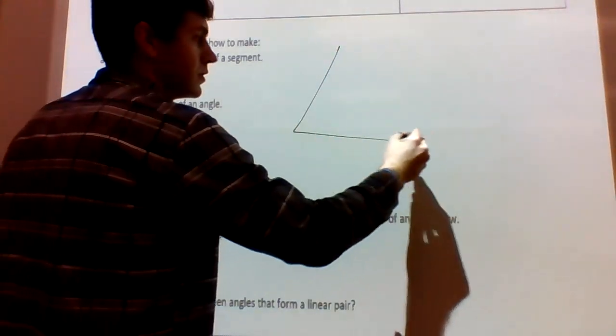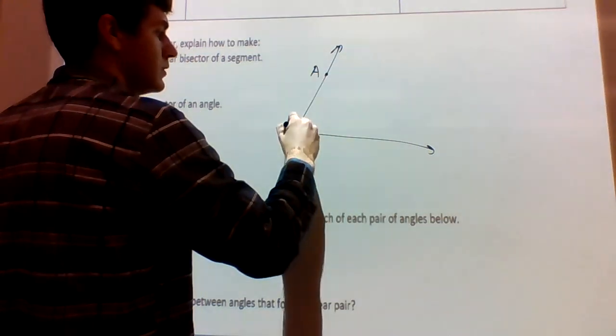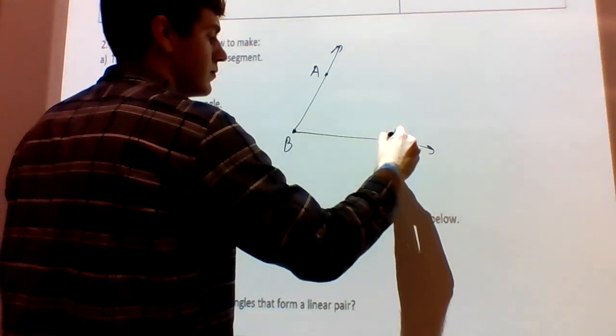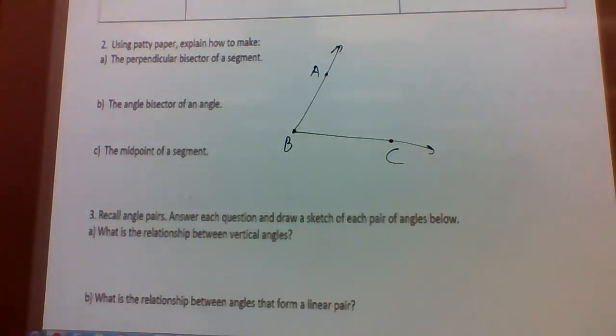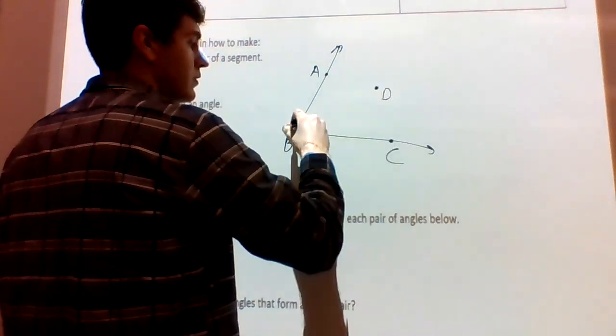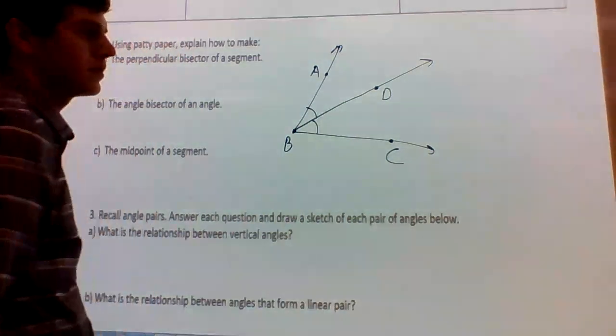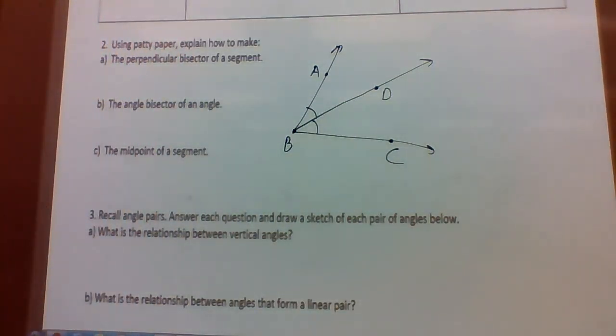So we have an angle, doesn't matter what angle, let's call it angle ABC. If we want to bisect it, we're going to need a point in the middle, a point D, such that the ray BD makes our two angles, angle ABD congruent to angle CBD. That would be an angle bisector.